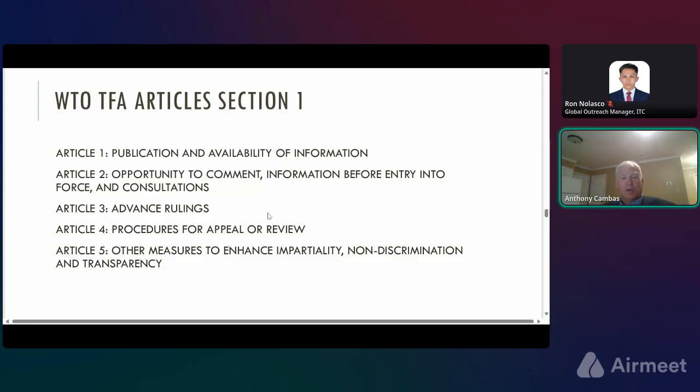Advanced rulings. Once again, we saw that in other places. So you're seeing this over and over, a lot of these same concepts, the ability to appeal. So if you're not in agreement with what customs has done, and this helps companies of all sizes, you have legal channels that you can go through in order to be able to appeal that enforcement action.